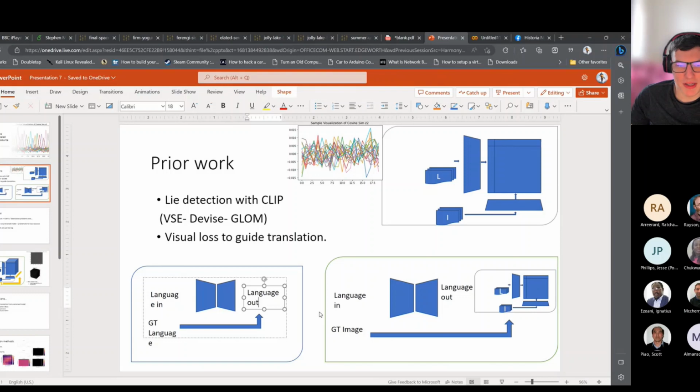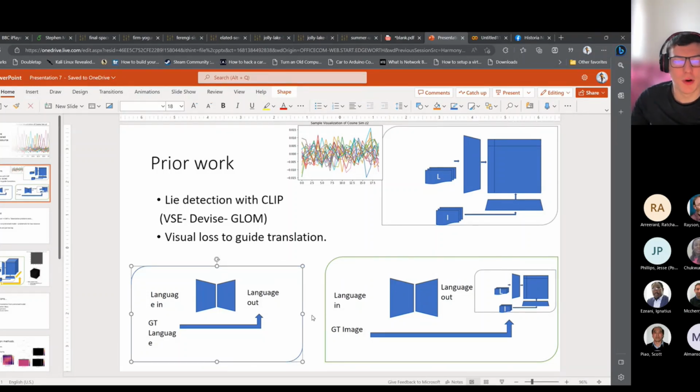However, consider how this applies to our traditional language training, which you'll recognize in the bottom left, where you've got a language input and a language output, and usually this would be a masked input, so you're learning what the tokens do. Then you compare your output to your ground truth, and hopefully that loss guides your selection.